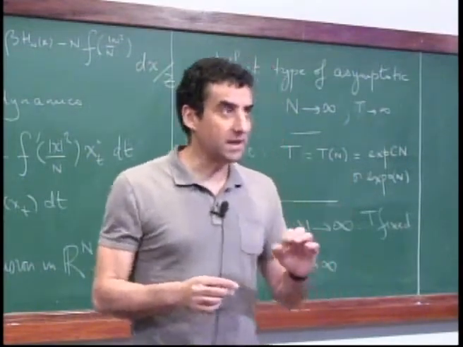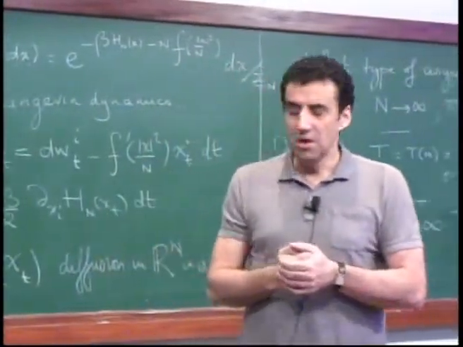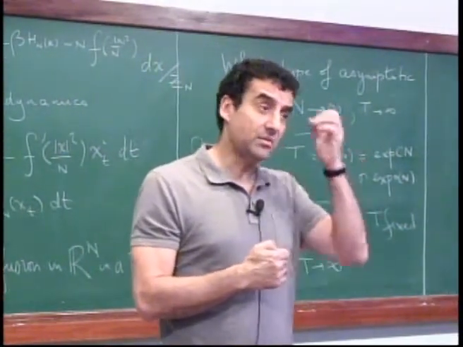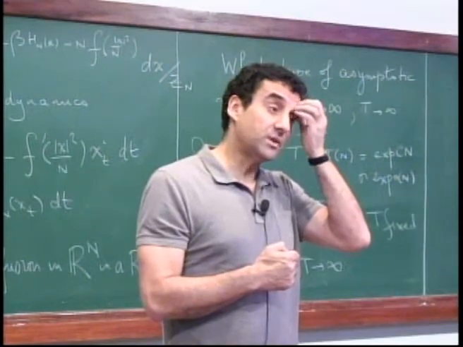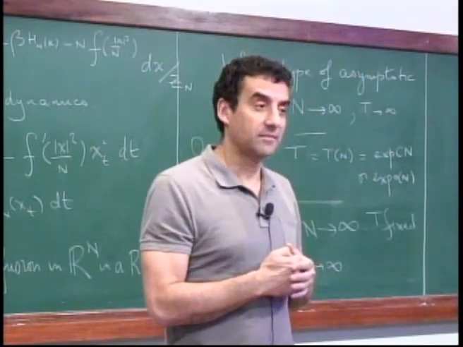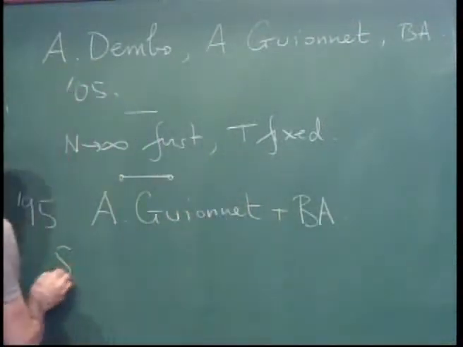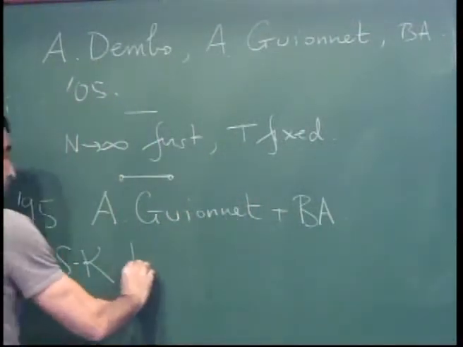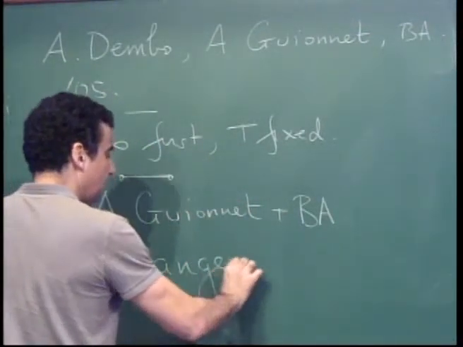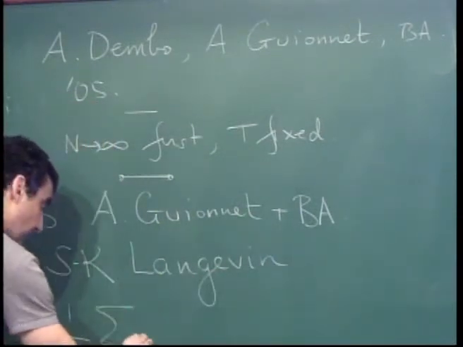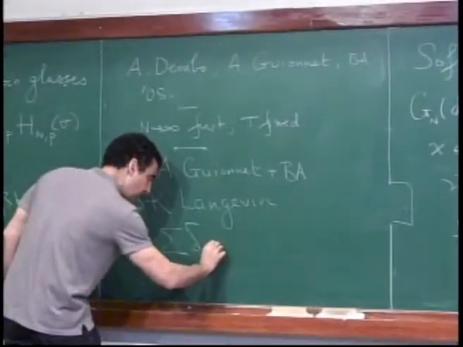For the true SK, which has a product structure, Langevin dynamics for SK, we proved that the empirical measure of the trajectory converged to something. That's a nice result. And I don't want to spend too much time on this. For all those who understand large deviations, we proved this.